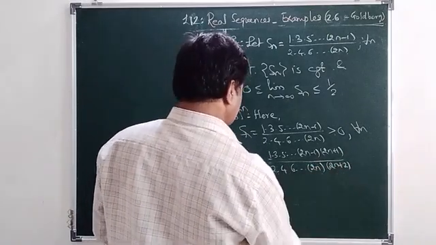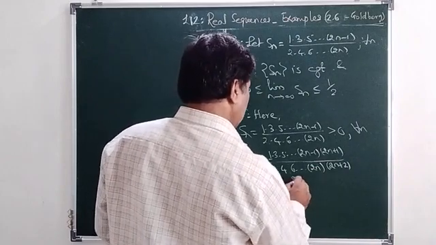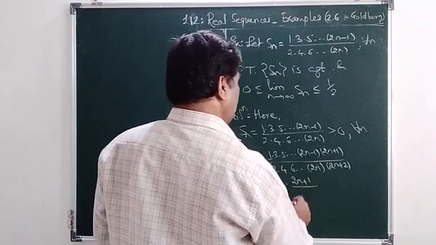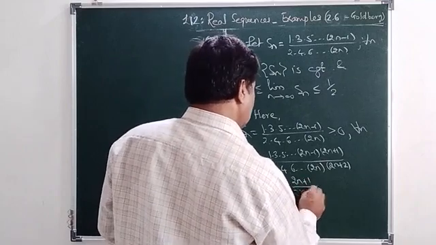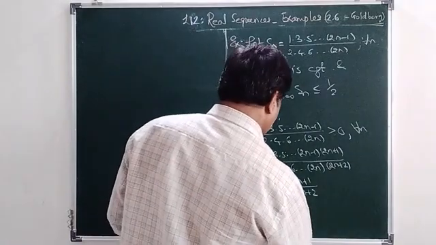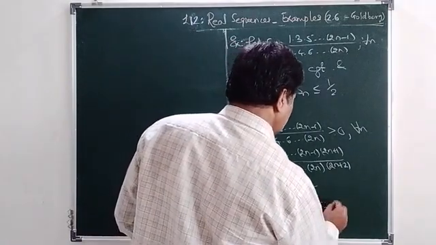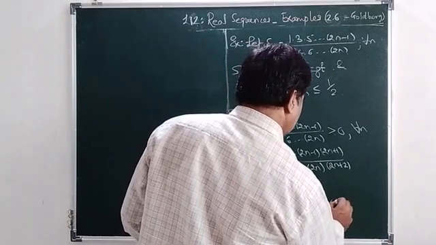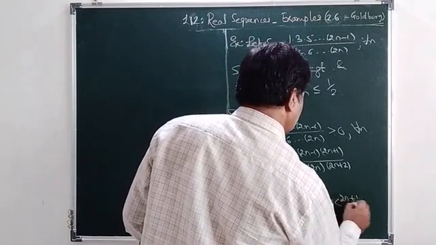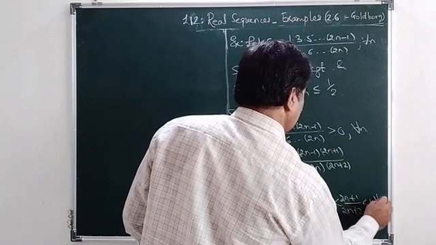This is precisely Sn into (2n plus 1) upon (2n plus 2). And this must be less than Sn for every n, since 0 is less than (2n plus 1) upon (2n plus 2), which is less than 1, for every n.